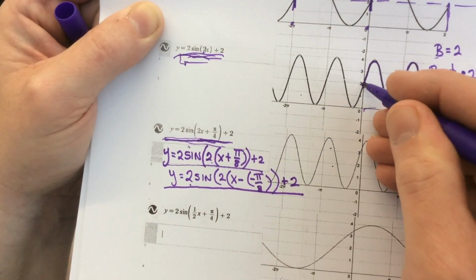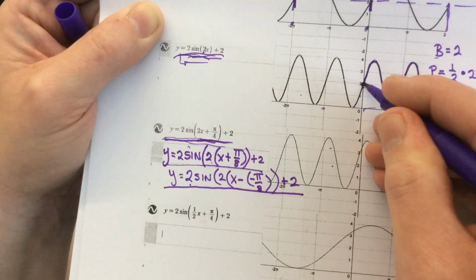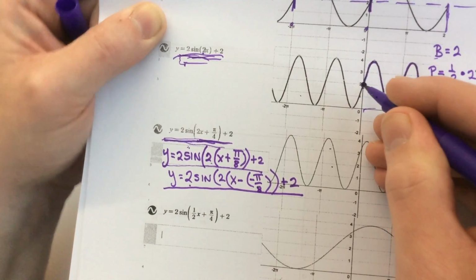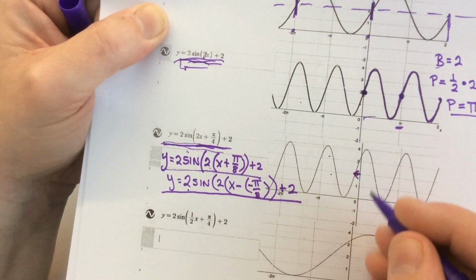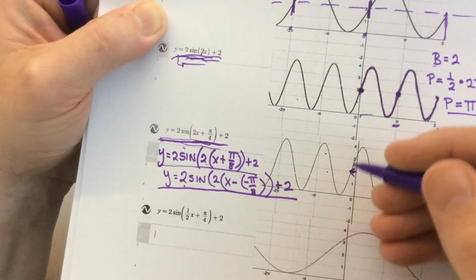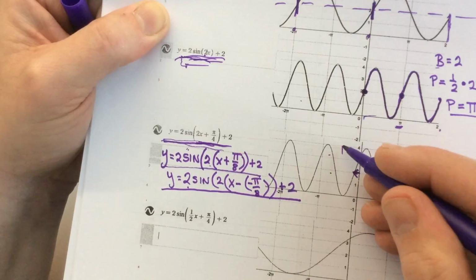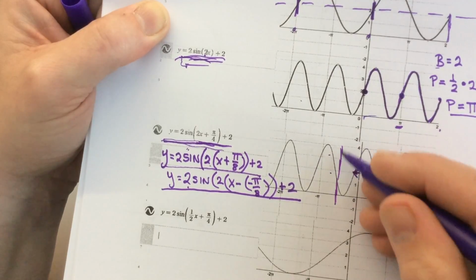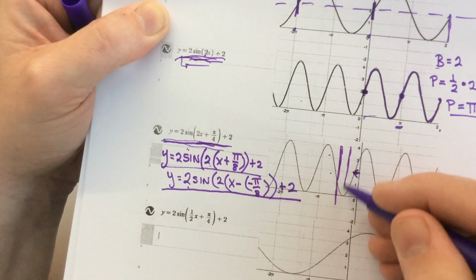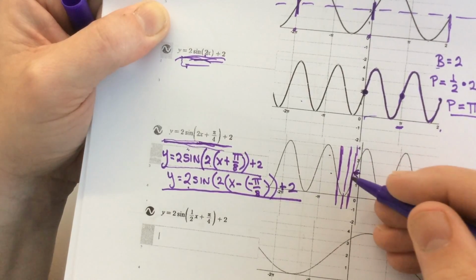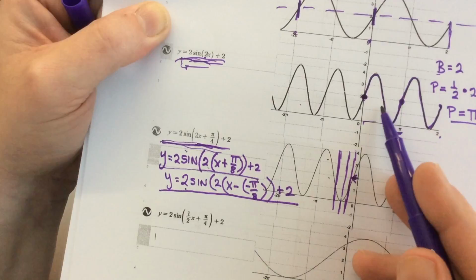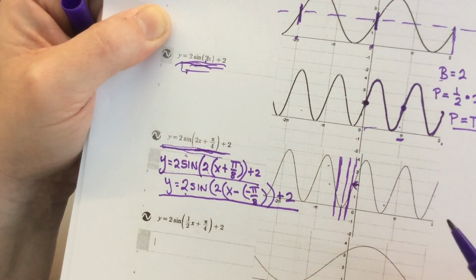And notice that what we're doing is we're moving the starting point, right, to the left. How much? Well, not half, because that'd be half, and not a quarter, because that'd be a quarter, but actually pi over 8 to the left. Everything else from here to here is the same. Okay.